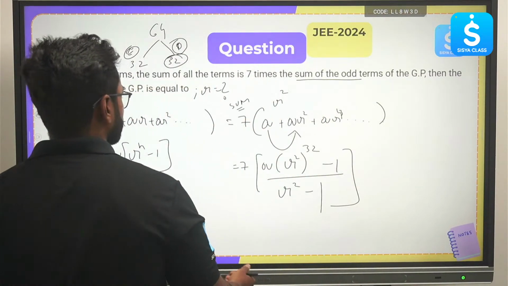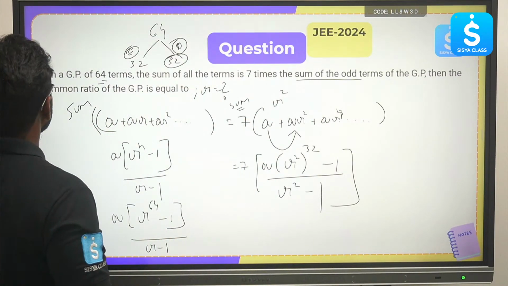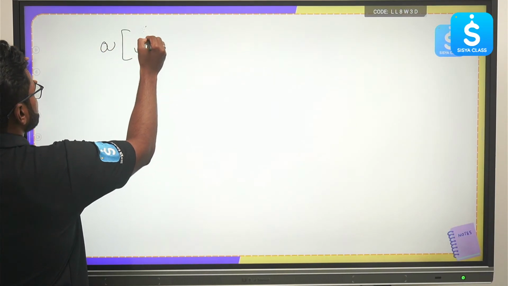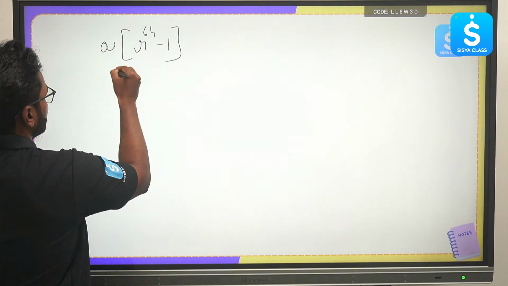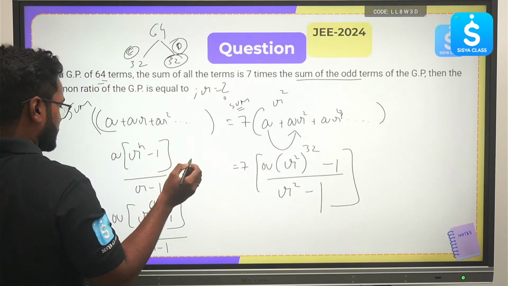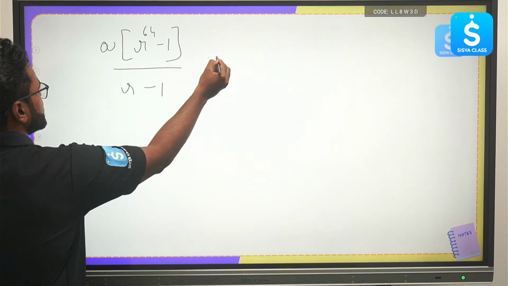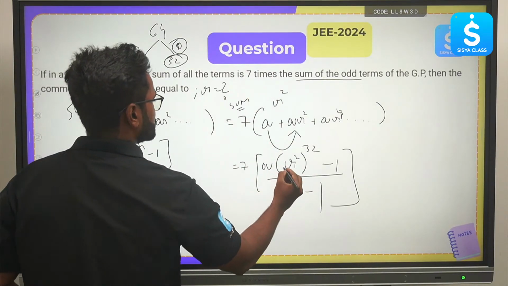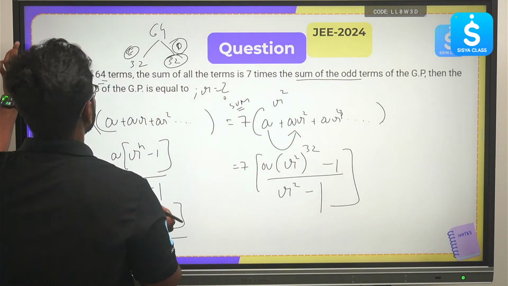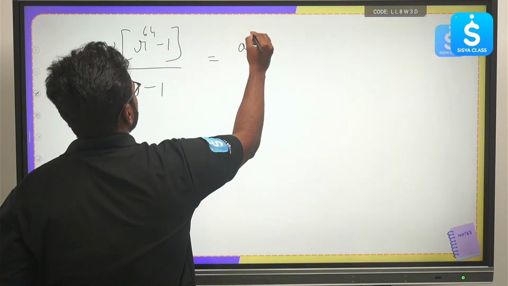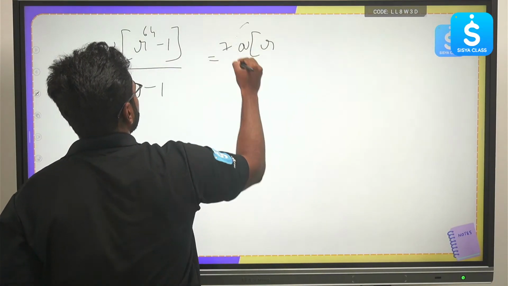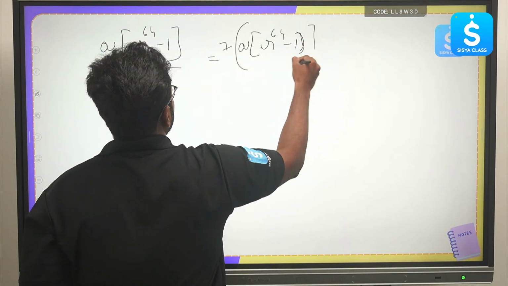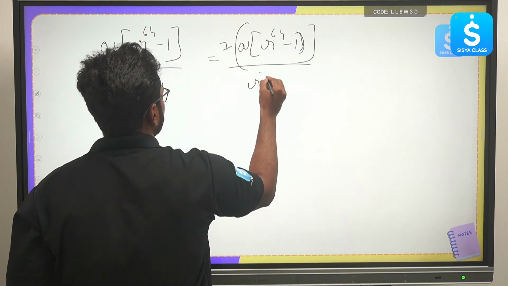So this should be a into r power 64 minus 1 by r minus 1 is equal to 7 into a into r power 64 minus 1 by r square minus 1.